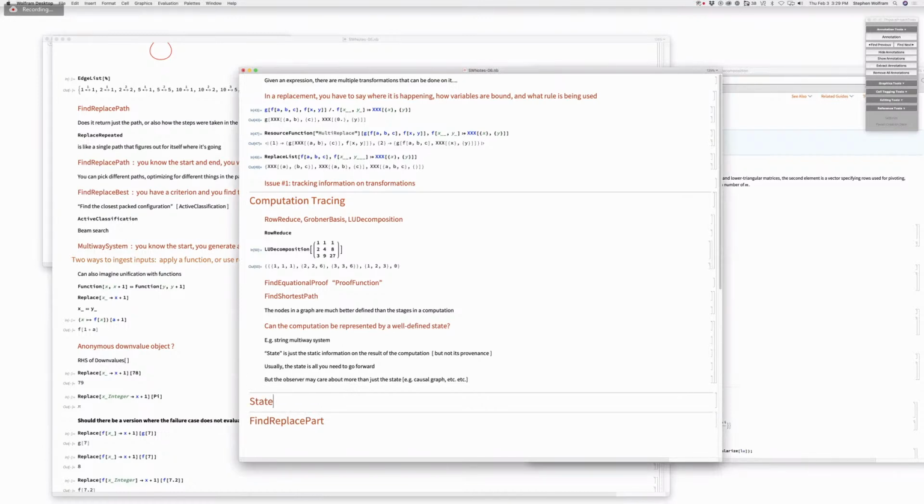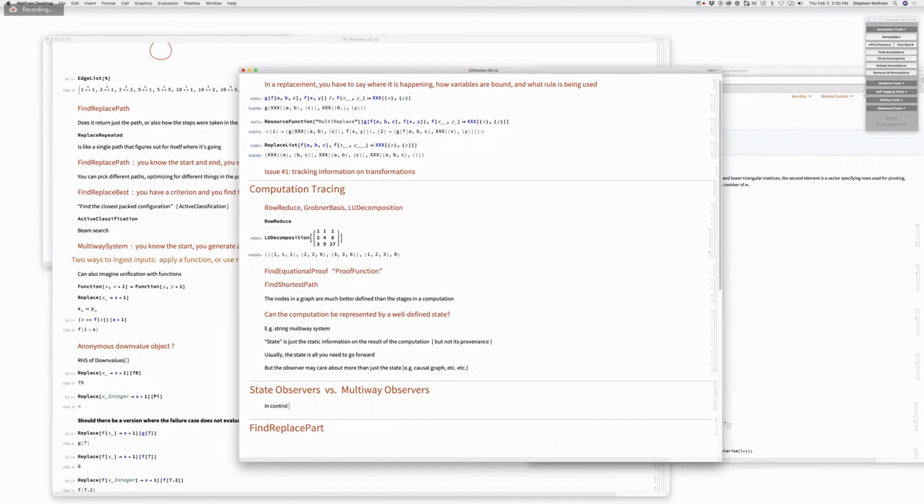Okay, so this is state observers, which is a little different than what we're talking about, which is essentially multi-way observers. What you're talking about is that the state summarizes the history. There is no more, if you see what I'm saying.